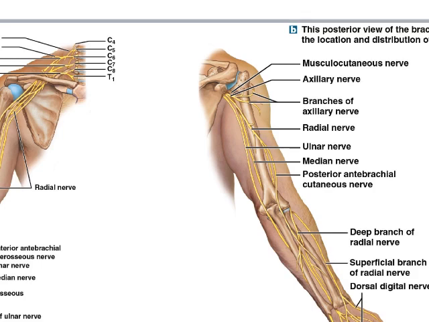So it should be in the area of deltoid and the shoulder. So if we look here on the picture, there's the axillary nerve, and you can see that it comes off posteriorly and then kind of wraps around anteriorly to innervate those muscles and the skin. So that's where you're going to find the axillary nerve.